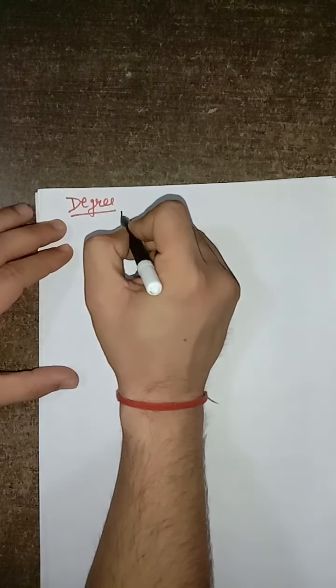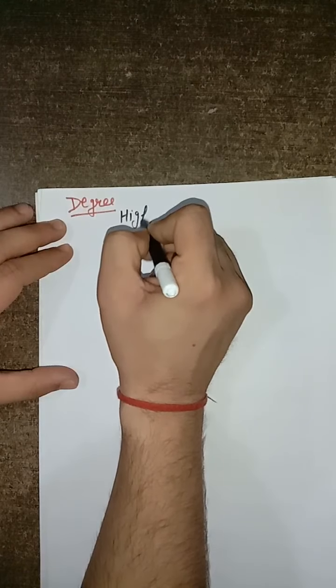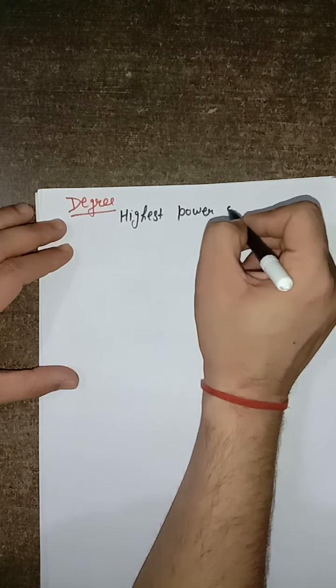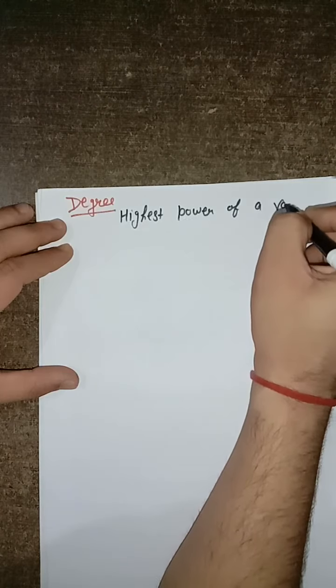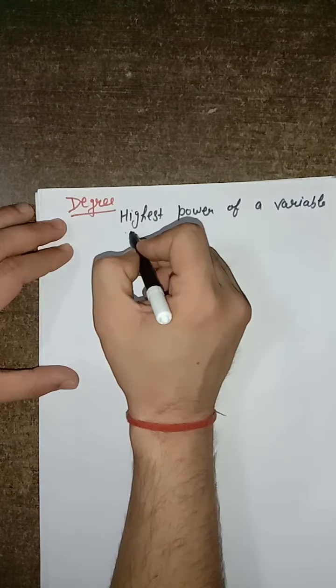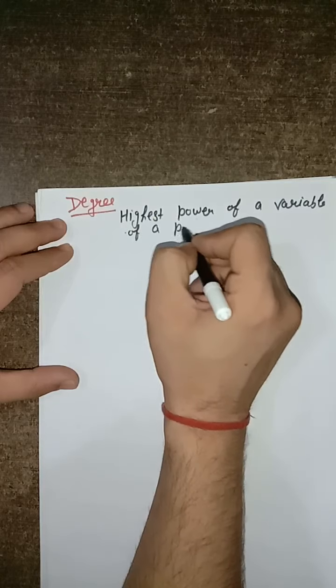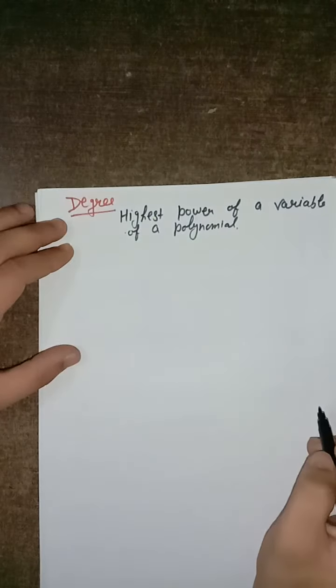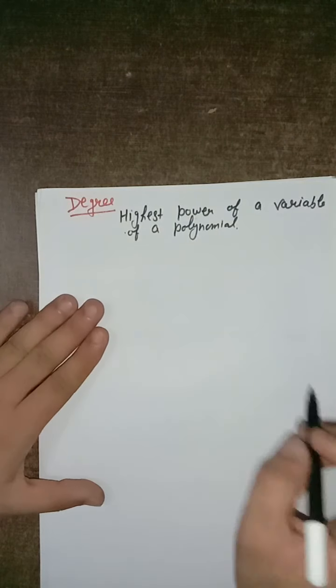Degree means the highest power of a variable of a polynomial is called the degree of the polynomial.